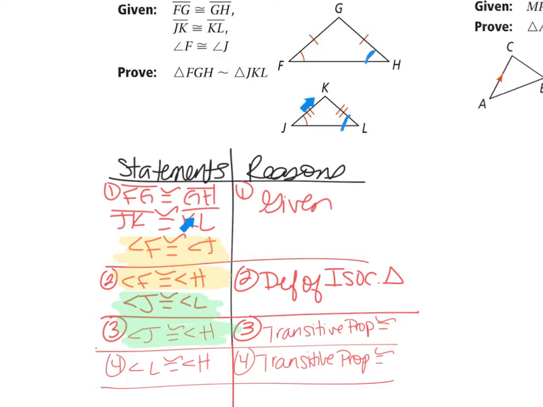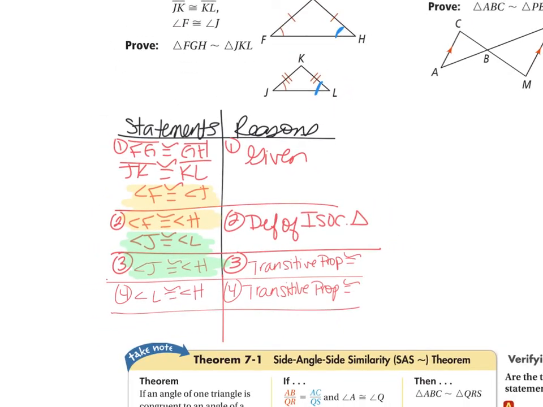So we do have enough information, so we're going to put this right down here. That's our proof statement, and our reason is going to be AA. So triangle FGH is similar to triangle JKL. And your reason, you just put AA. That's it.